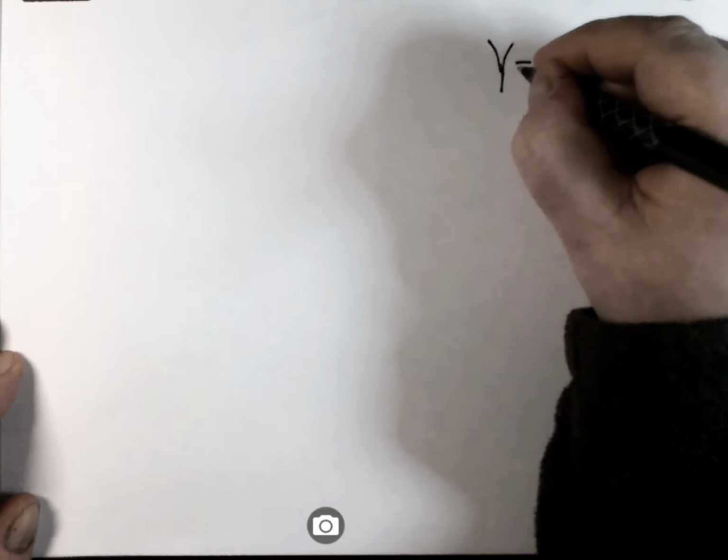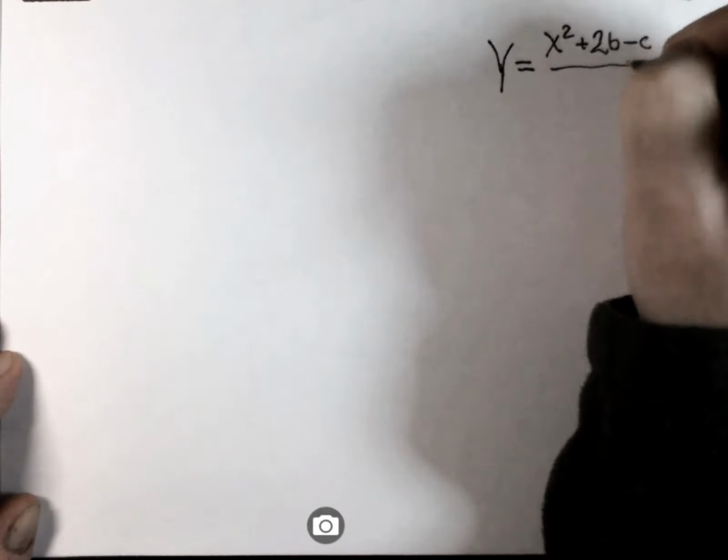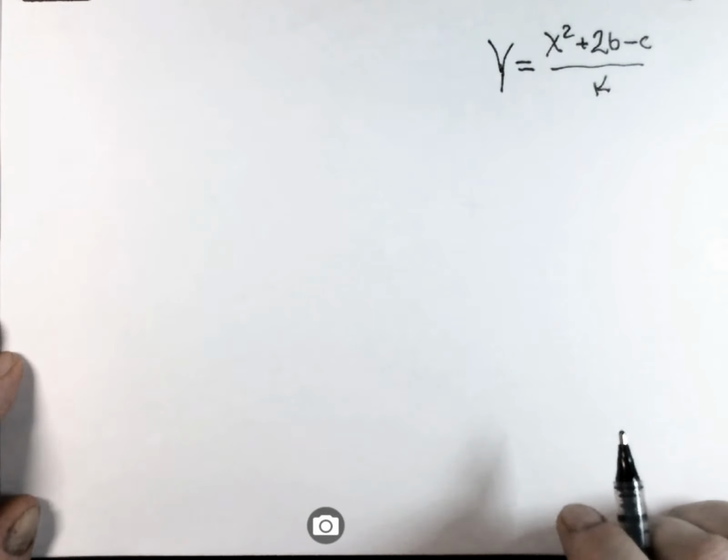Alright, now folks, I would like to show you how an algorithm could be converted to a program. Consider that we have an algebraic calculation that we need to do. That could be anything like a mortgage, monthly payment, or percentage for a loan or whatever. And I would like to input the formula, which is y as a function is equal x squared plus 2b minus c divided by k, where x, b, c, and k are variables and y is the result of the formula.